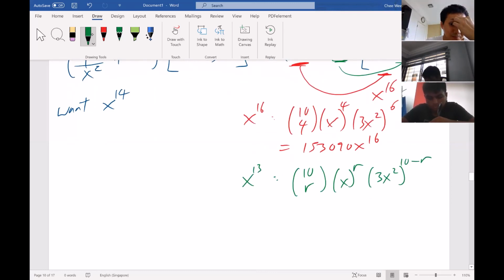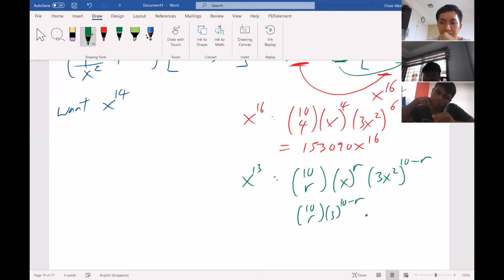And then we split it out to 10 choose r, and then 3 to the power of 10 minus r, and x to the power of 20 minus 2r. Okay. x to the power of 20 minus 2r.